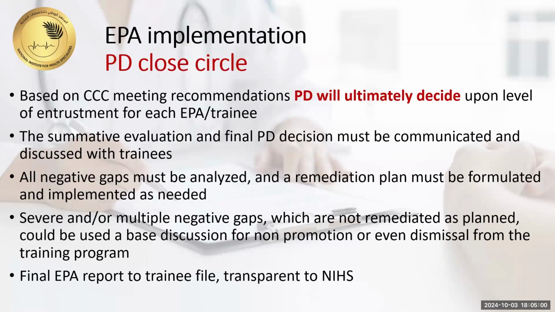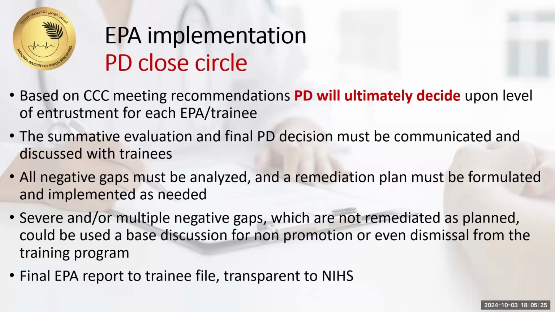Now, the circle closes and comes back to the PD, because after the discussion the CCC will give the PD a full range of advice on how the EPAs were completed and what level the learners achieved.